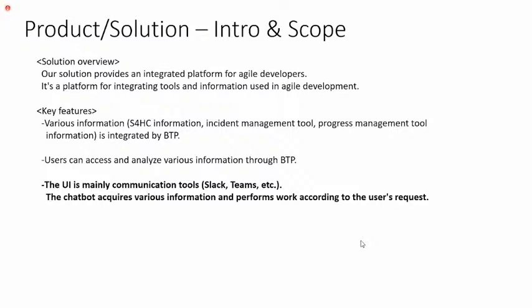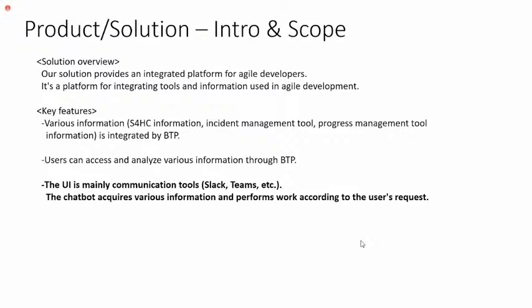And this is the solution we created. The platform for Agile development will sit on BTP. This platform can integrate the tools and data used for Agile development. To be more specific, for example, there could be multiple tools and systems related to the project, and that kind of information can be integrated through the functionality we provide and analyzed on top of the BTP platform.